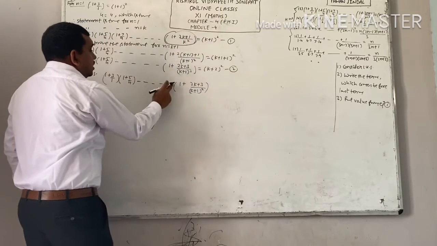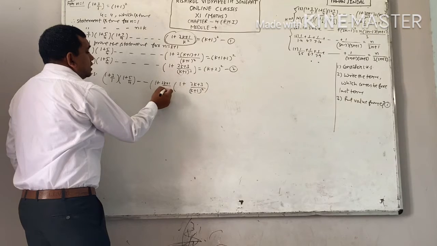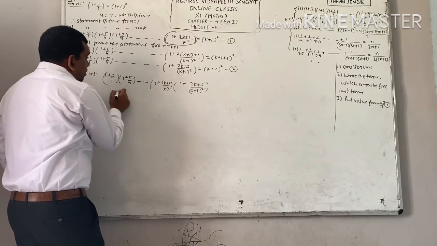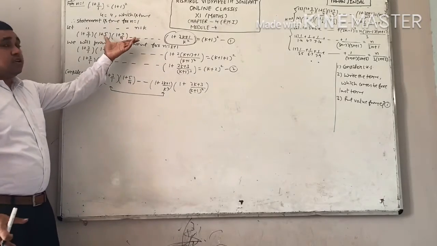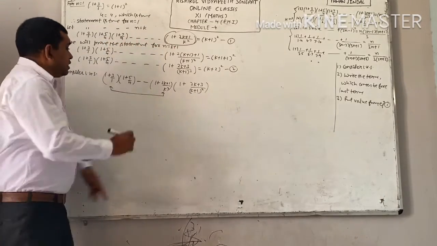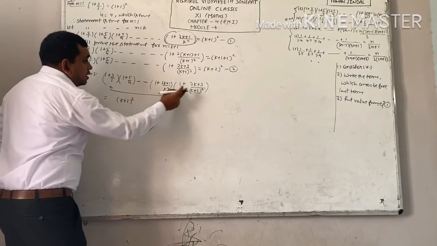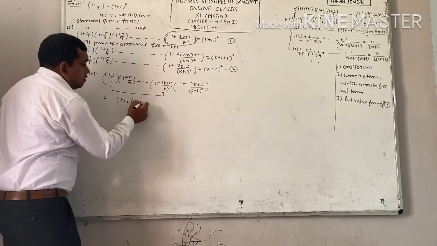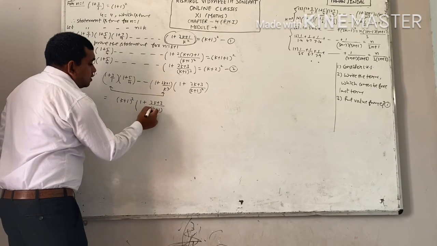This one, put it here: 1 plus 2k plus 1 upon k square. Now put value from equation 1, because this is your left hand side of equation 1, right? And its value is k plus 1 whole square. This is 1 plus 2k plus 3 upon k plus 1 whole square.